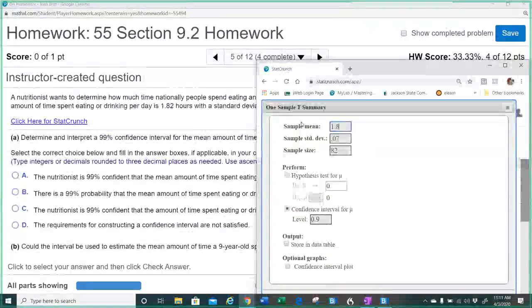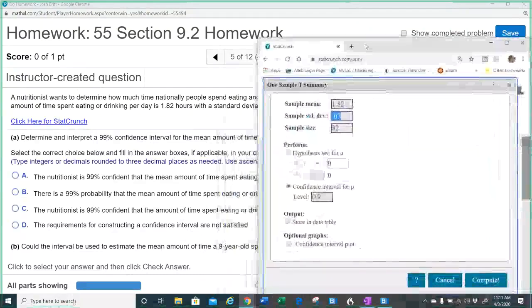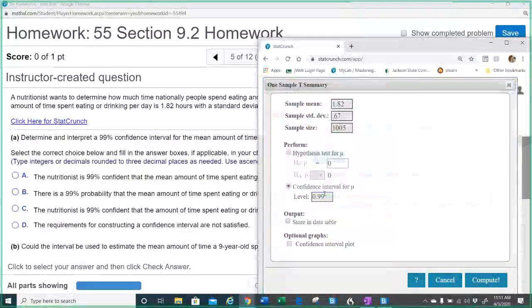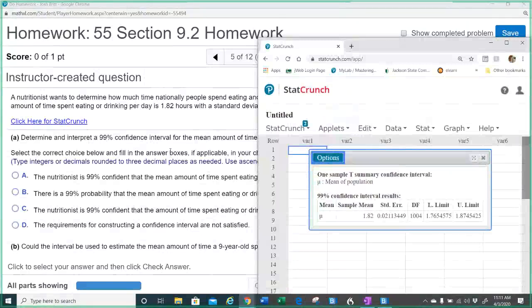So we're going 3 decimal places here: 1.765 and 1.875.